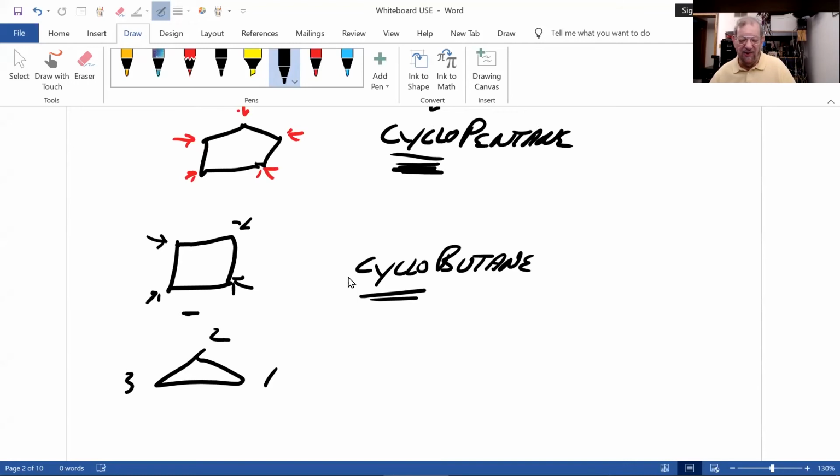I call that a ring. 3 carbons, propane. And it's a ring, therefore, this is cyclopropane.